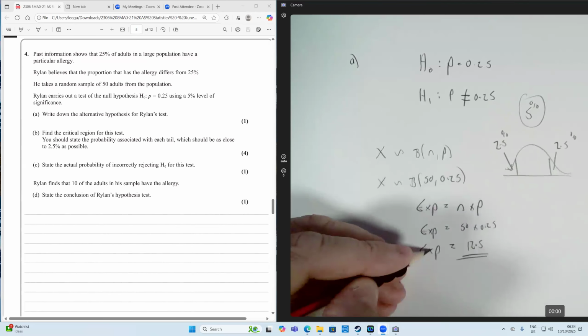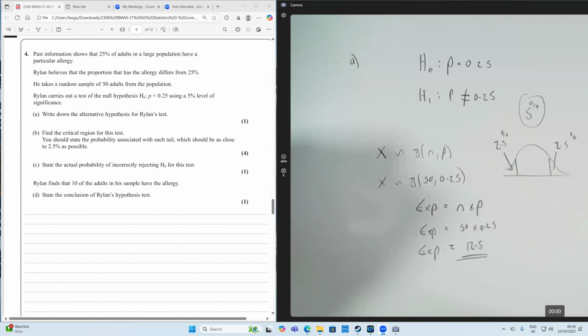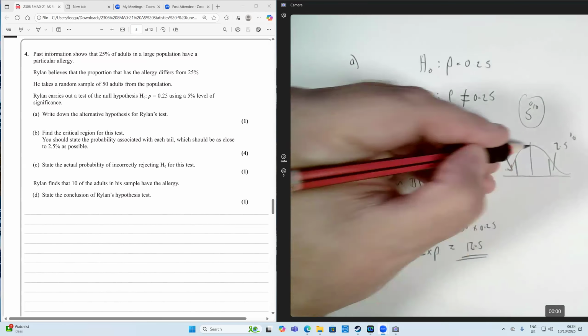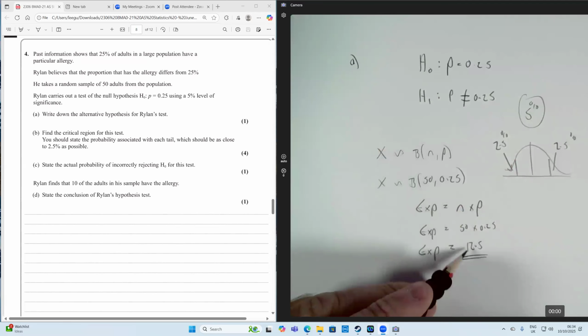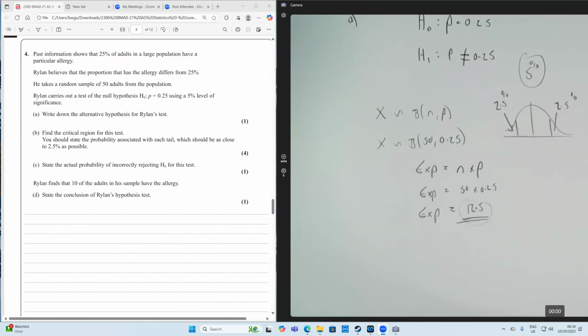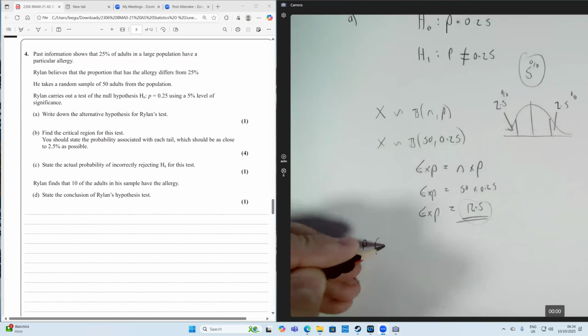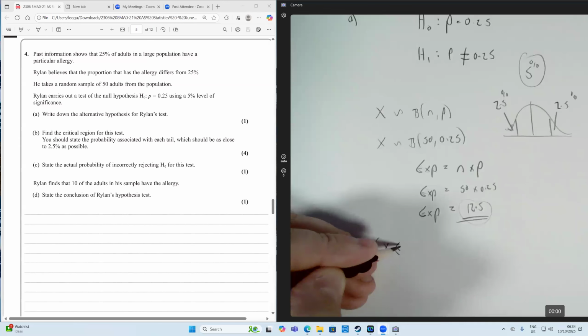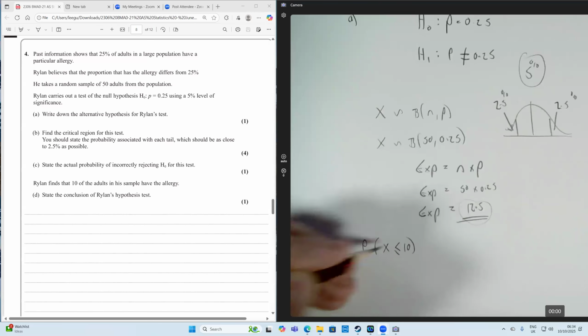That just helps us to know where we use the less than and greater than symbols. So let's go over to the left-hand side of the distribution. To be at the left-hand side, we need to be less than 12.5. So let's imagine we tried the probability of X is less than or equal to 10, just randomly to start off with.